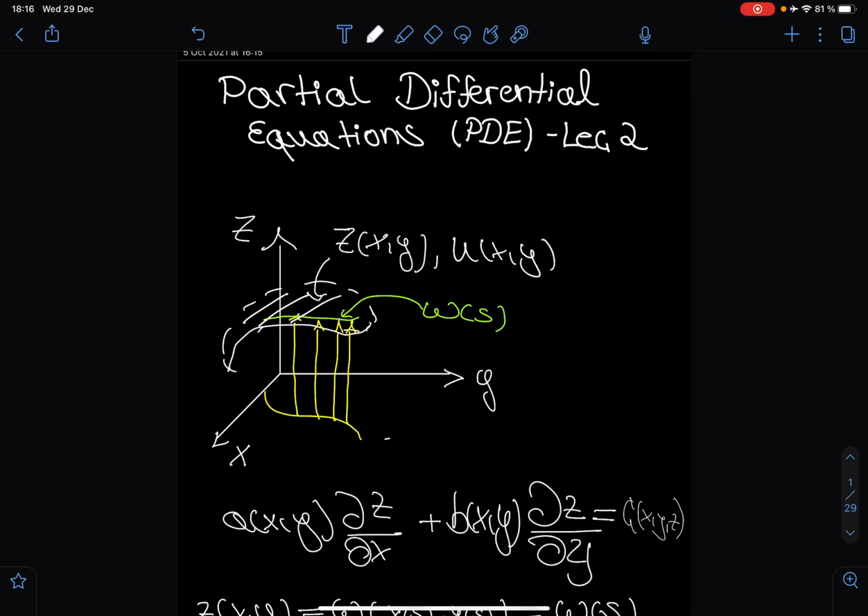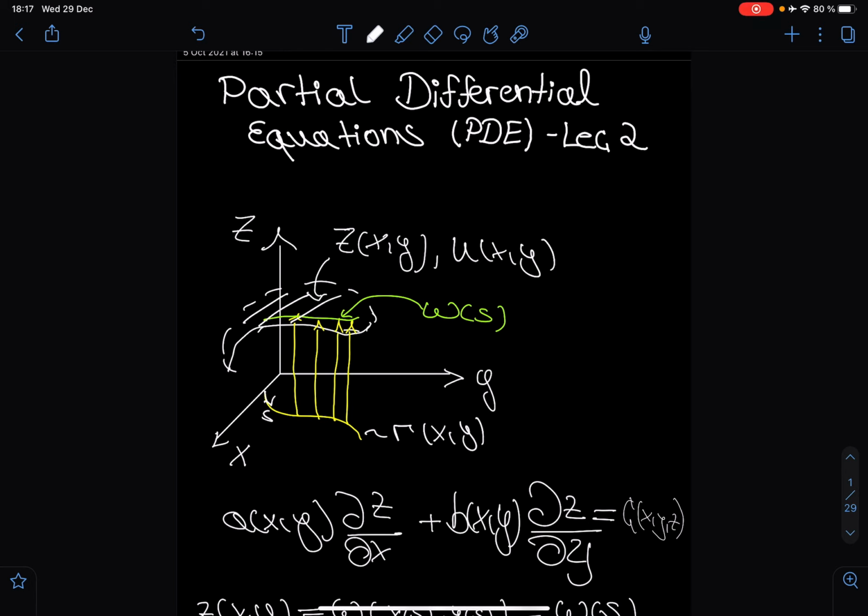If we say that all our solutions lie on the xy curve, let's name that a curve gamma, which depends on x, y, and its parameterization is given by a parameter s. That's why I named that s. If you look at all the solutions on that curve, you're only getting another curve in our solution space.